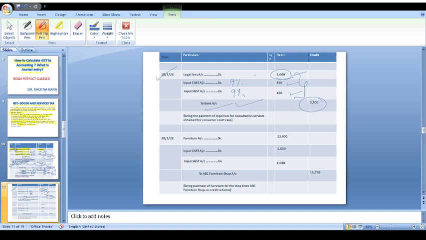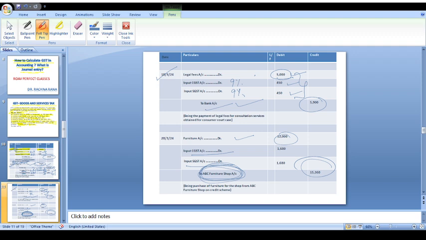Now next, the entry for purchase of furniture for the shop from ABC Furniture Shop on credit. So Furniture account debit, Input CGST account debit, Input SGST account debit, To ABC Furniture account credit, because the businessman purchases the furniture on credit from ABC Furniture Shop. The price is 12,000.